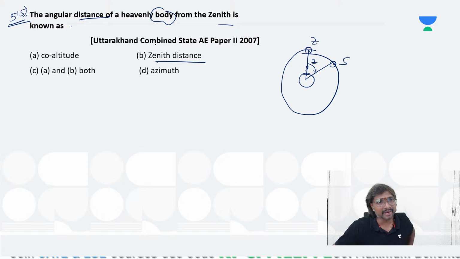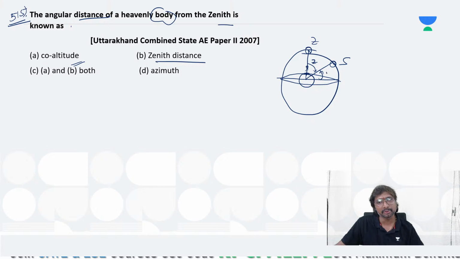Or you can also call it by which name? This is the co-altitude. From here it is called your altitude. This is your horizon, which is the extension of east and west, exactly the horizontal great circle perpendicular to the observer.